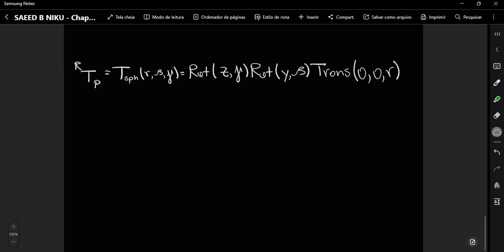Okay, so we have just written our transformation equation.